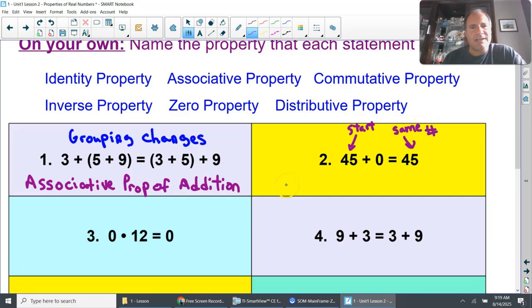So this is called identity property of addition.